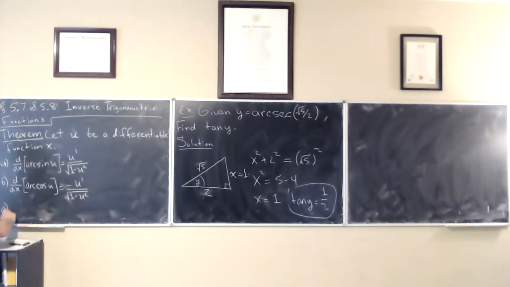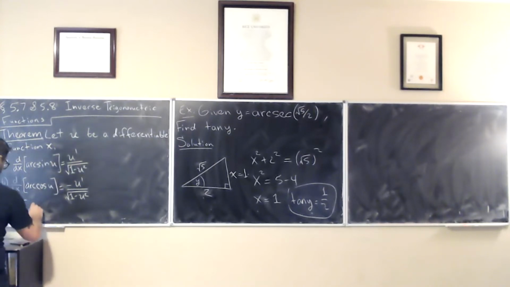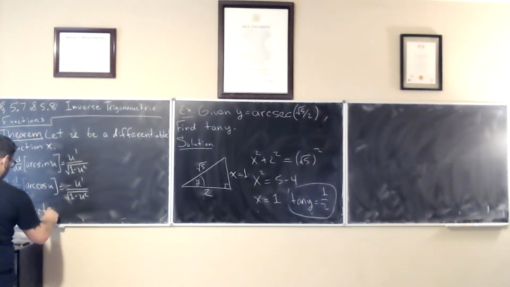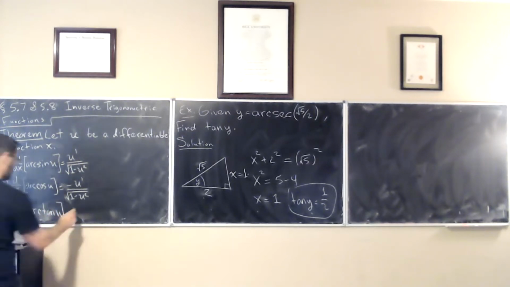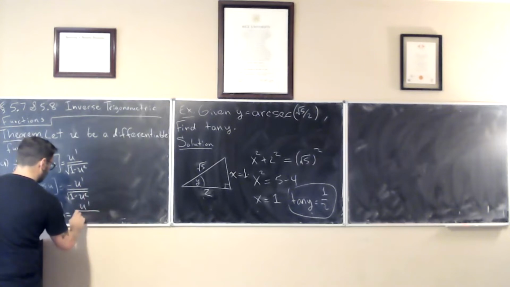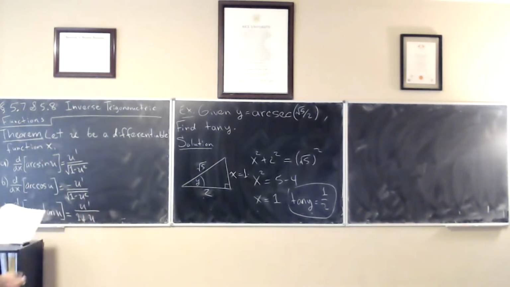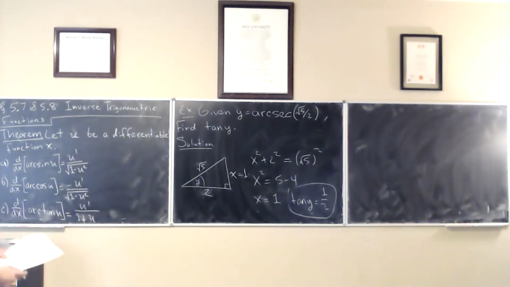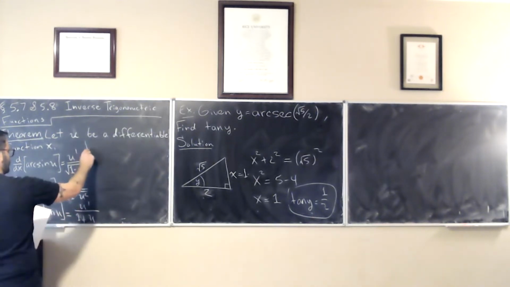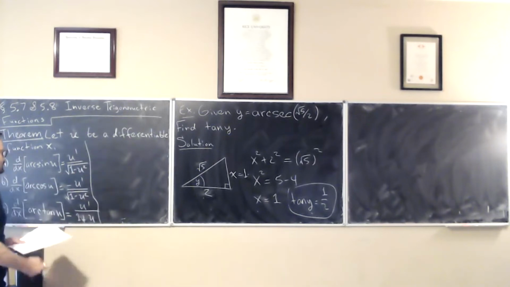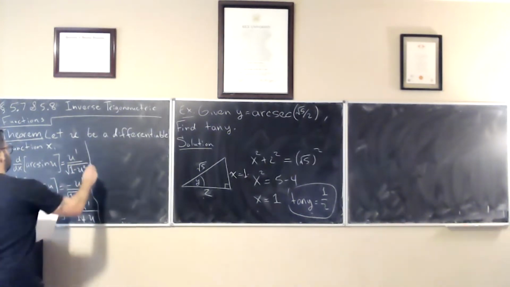And then part C, derivative of arctan is going to be u prime over 1 plus u squared. Okay, and I'm going to try to squeeze them in because we're going to need them on the board for the rest of the lecture.